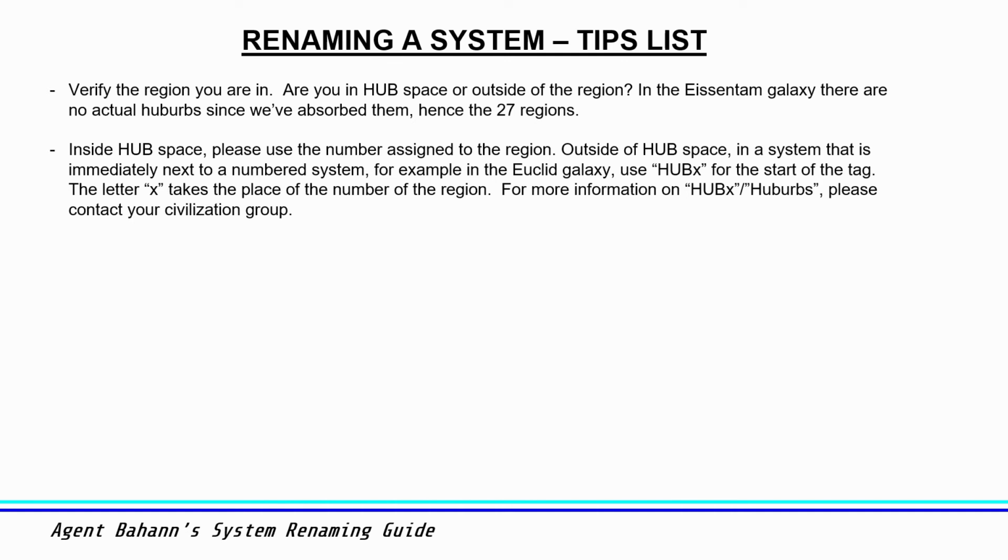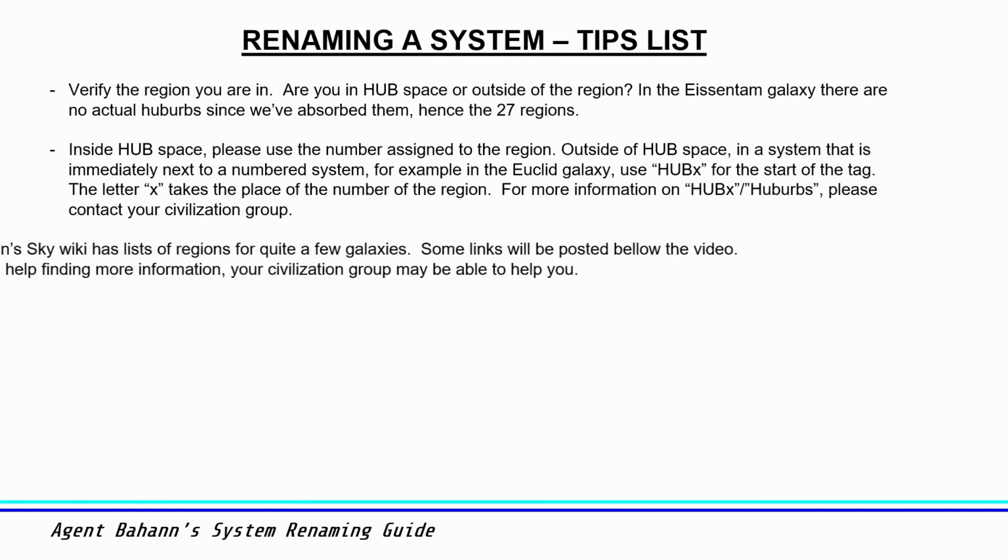Outside of hub space, in a system that is immediately next to a numbered system, for example in the Euclid galaxy, use hub X for the start of the tag. The letter X takes the place of the number of the region. For more information on hub X or hubbers, please contact your civilization group.